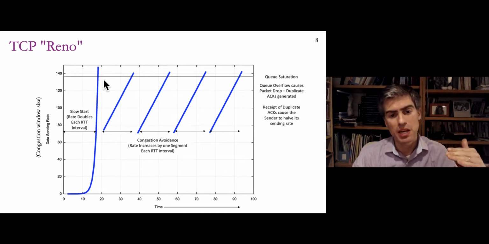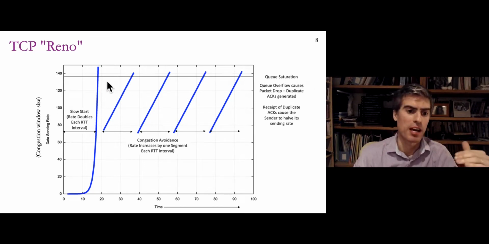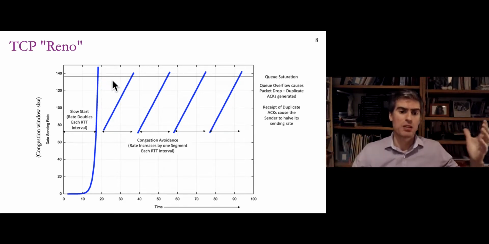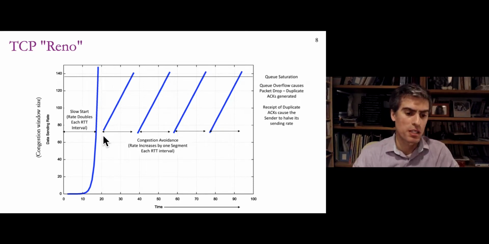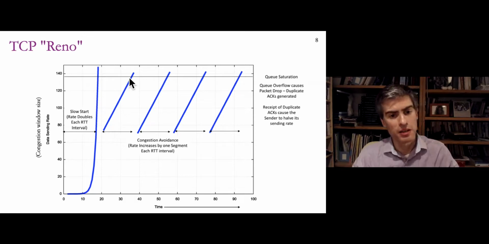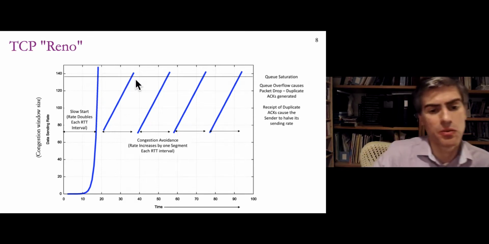And at some point at the top of this plot is always going to be some point which is the maximum speed that the network can handle, which is the queue saturation point in this diagram. So if you try to send data faster than a certain point, queues will start to fill up and packets will start to be lost. Once those packet losses are observed by the sender, the sender should reduce its sending rate. And then it should start increasing it again to try to reach the maximum again.